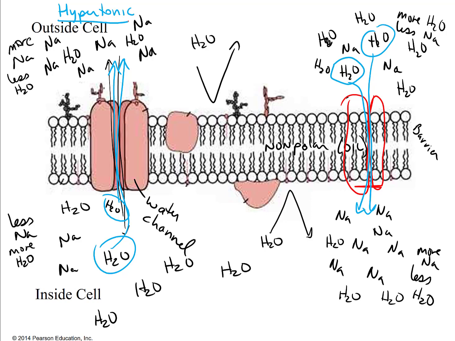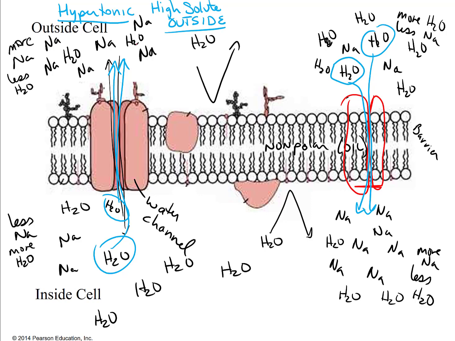So I always think of hyper as high, tonic is solute. So this is a high solute solution. And it's always the conditions outside of the cell. It's never what's inside, it's always what's outside compared to what's inside. So in this one, there's more solute outside compared to inside, and this will cause water to move out.